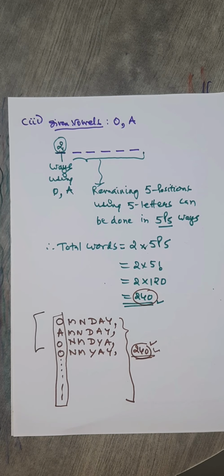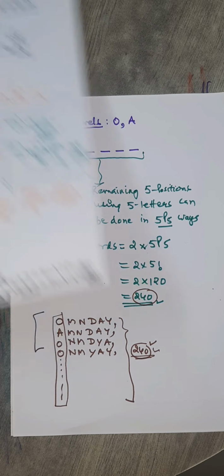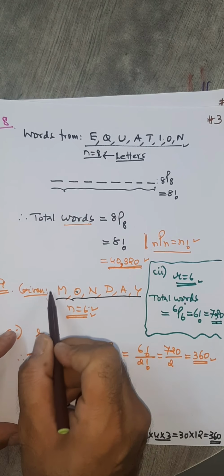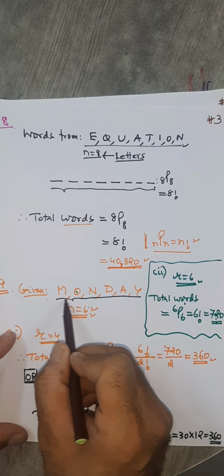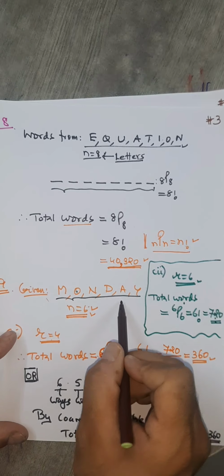Okay, fine. Now the last 2 questions, question number 10 and 11, if you just read these 2 questions, in the given letters you have a repetition of the letters. Earlier, in all examples, if you just notice that Monday question, all letters are distinct, no letter being repeated within this.